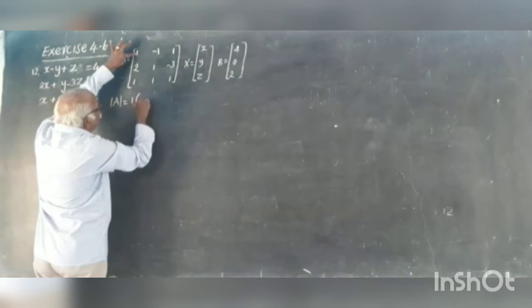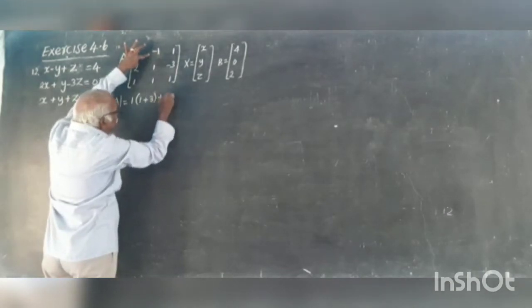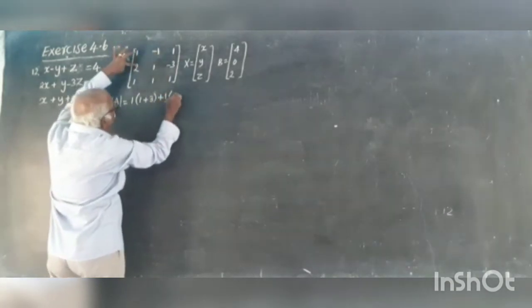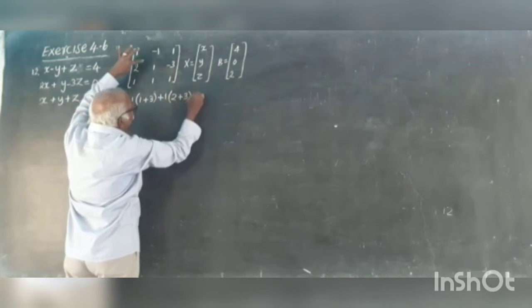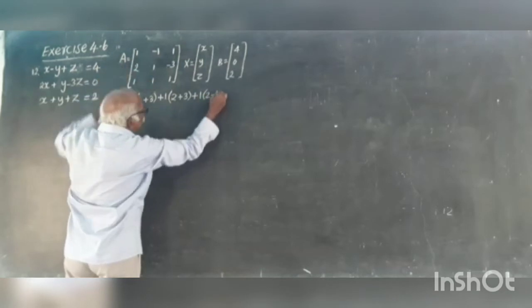Determinant A: 1 into 1 times minus of minus 3 plus 3. Here minus 1, formula: minus of minus 1 plus 1, 2 into 1, 2 times minus 3... minus of minus 3 plus 3, plus 1, 1 into 2 into 1, 2 minus 1.